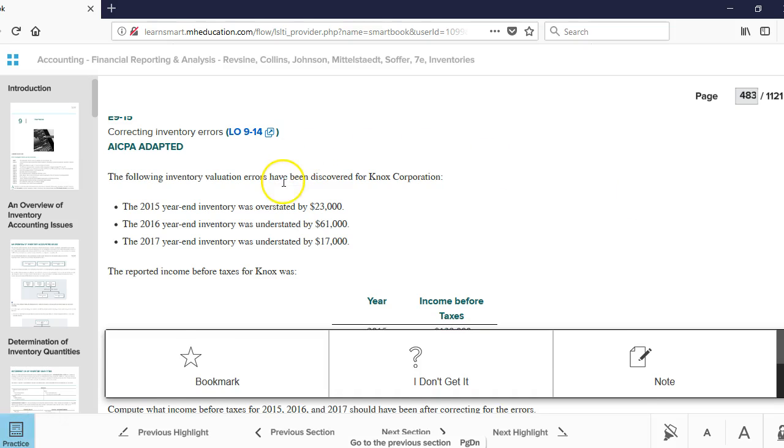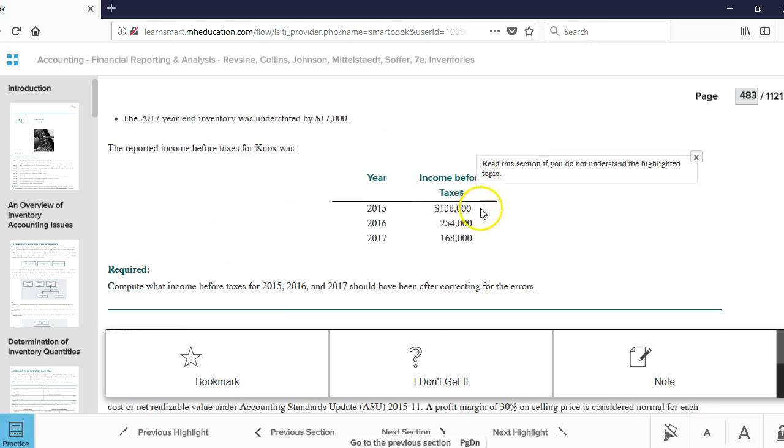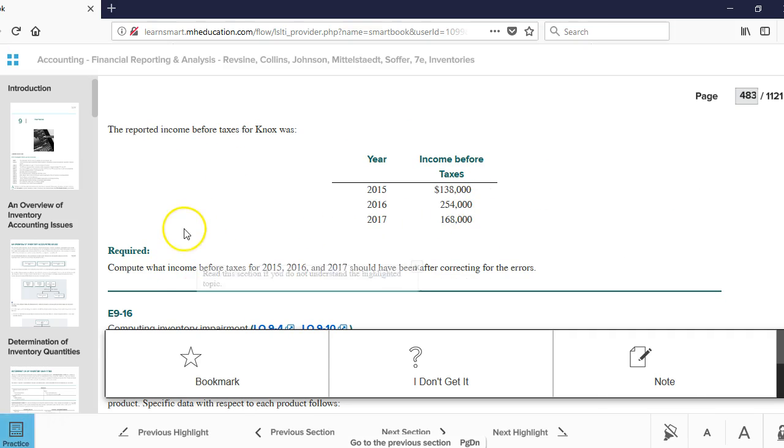You can see that the following inventory valuation errors have been discovered for Knox. We've got 3 different years with errors, and here was their income in each of the 3 years. They want us to figure out what the income, pre-tax, should have been to correct these errors. So we'll do 1 year, and then I think you'll see how that works from there.